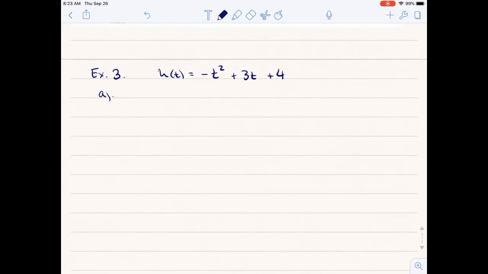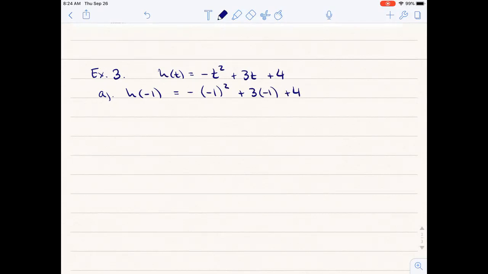Okay. So h of -1, being careful with these negatives, right? So we've got -1 squared plus 3 times -1 plus 4.